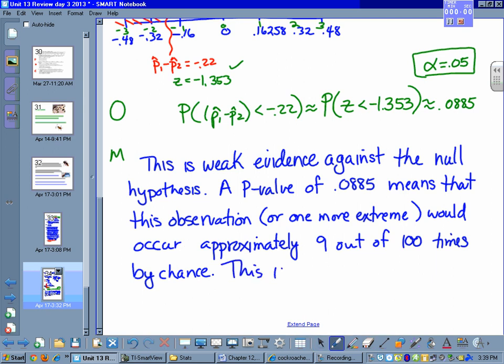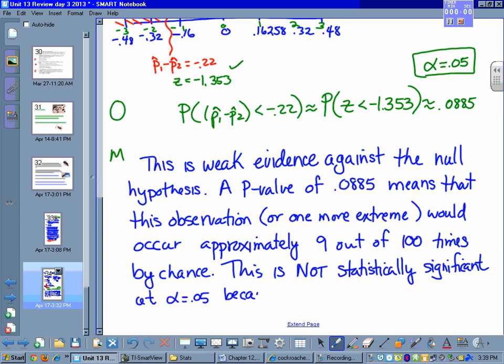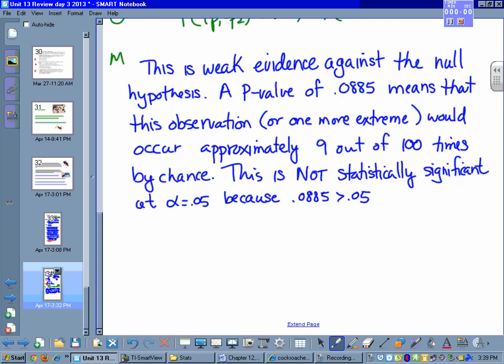This is not statistically significant at alpha equal 0.05 because 0.0885 is greater than 0.05.